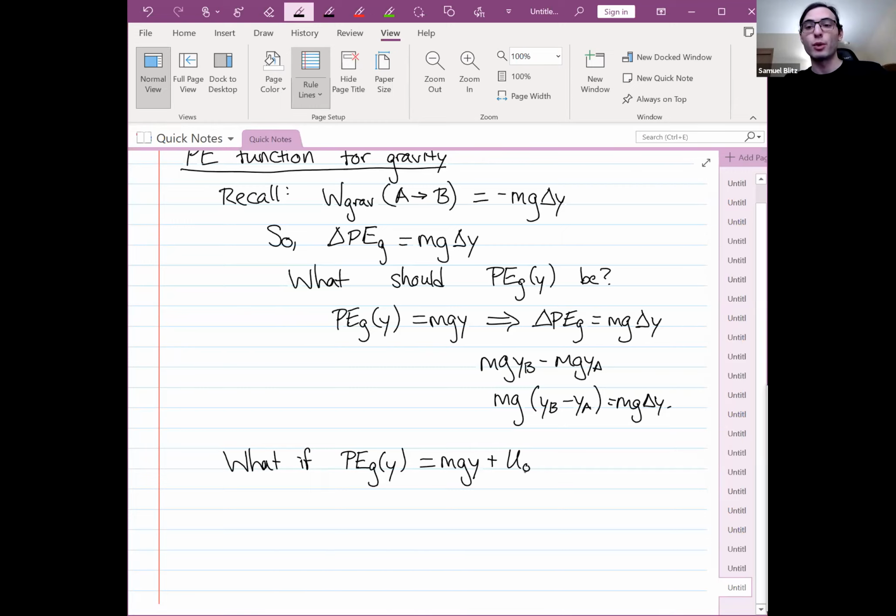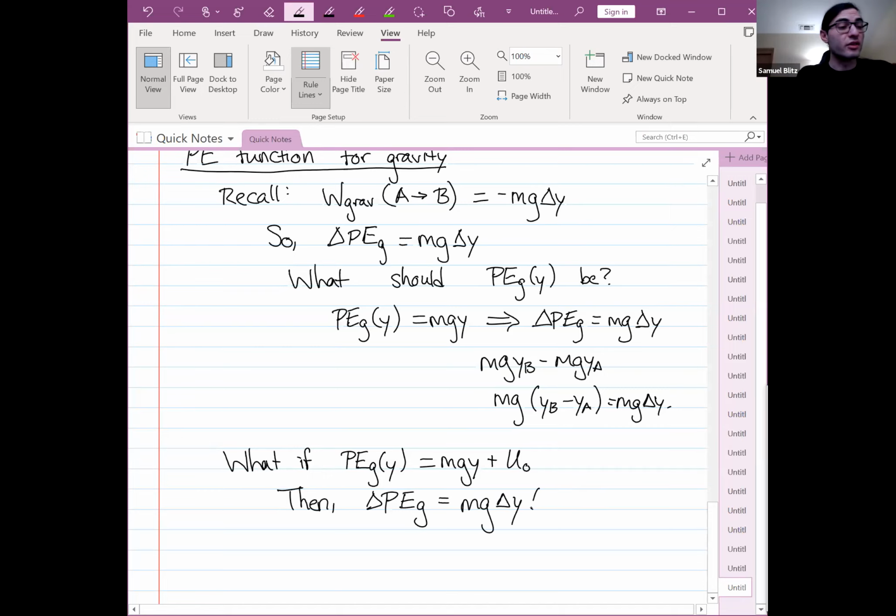It's a number with units of joules. Then, if that's the case, we can ask what the change in the potential energy would be if this was the correct thing. We can check it against what we know it should be, but we would find that the change in potential energy would again also be mg delta y.